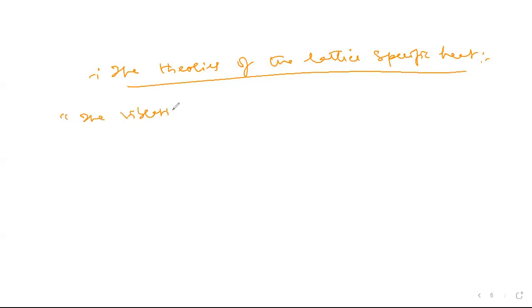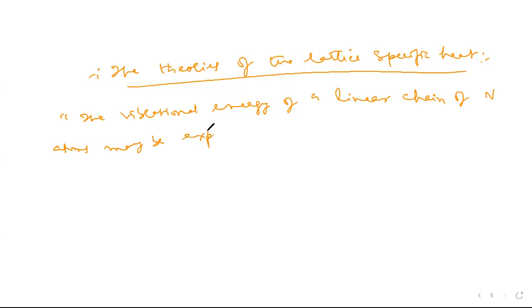the vibrational energy of a linear chain of n atoms may be expressed as the energy of n harmonic oscillators.